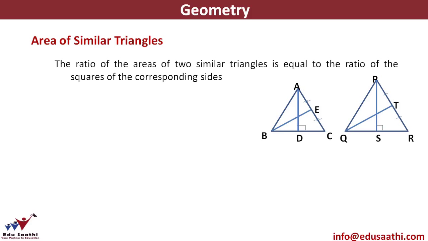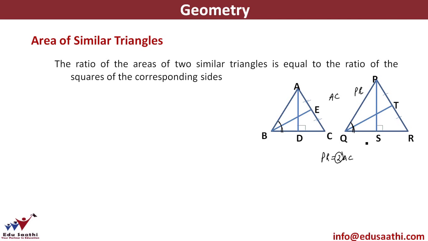Now, what do you mean by corresponding side? Corresponding side means if angle B is equal to angle Q, the side opposite to B, which is AC, would be related to the side opposite to Q, which is PR. That means if I say PR is twice of AC, this too is a proportionality constant that we have.